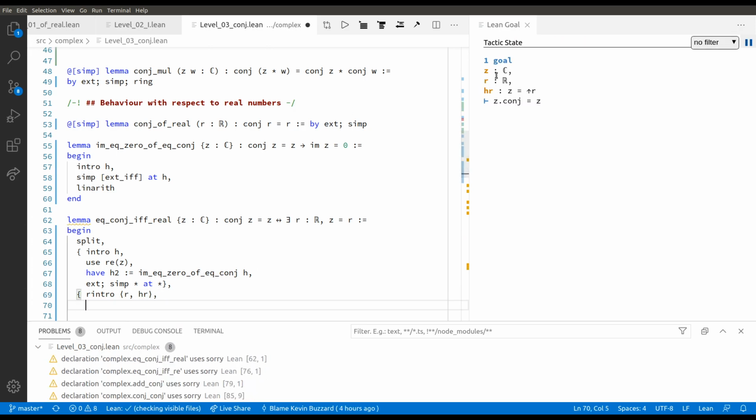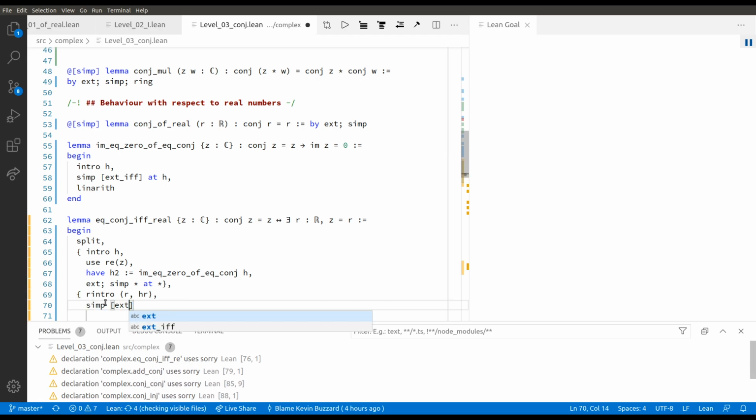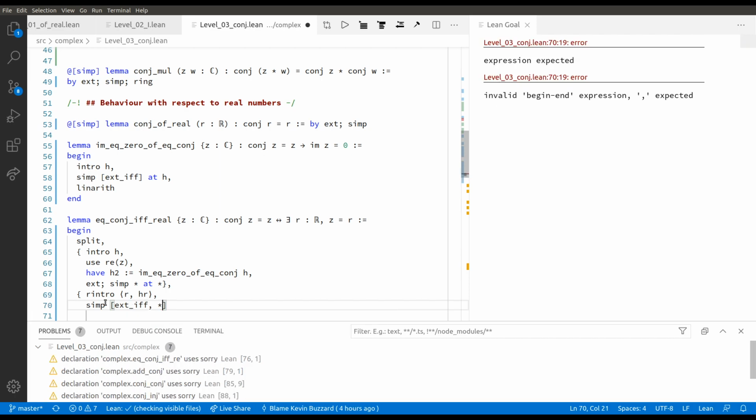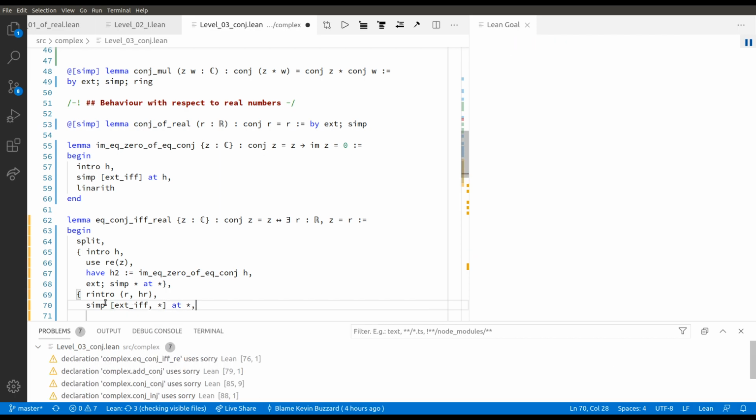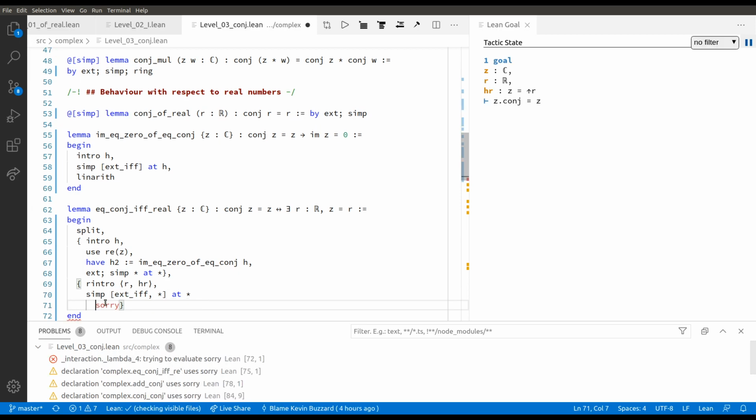So now I've got a real number and the assertion that Z is equal to that real number, and I need to prove this. And now I wonder whether I can do simp xdiff, star at star. I can. So there you go, the joys of automation. You just need to know exactly what you need.